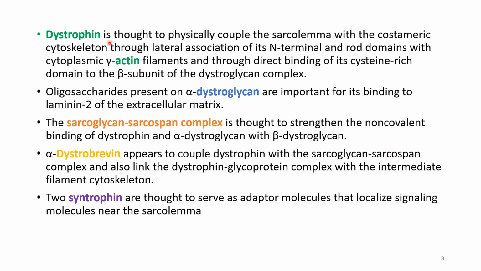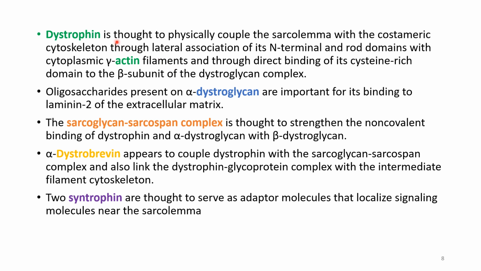See this? Dystrophin is thought to physically couple the sarcolemma with the costameric cytoskeleton through lateral association of its N-terminal and rod domains with the cytoplasmic actin filaments, and through direct binding of its cysteine-rich domain to the beta subunit of the dystroglycan complex.